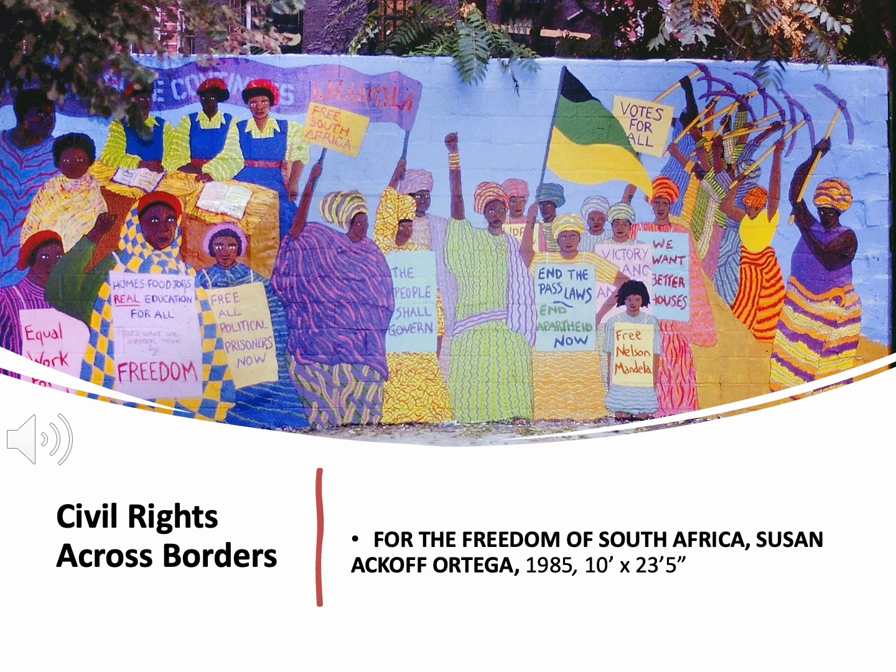The mural is a colorful celebration of South African women, mothers, students, and workers, depicted as frontline activists demanding freedom. The composition incorporates signs reading "End the Past Laws," "Free all political prisoners now," and "Free Nelson Mandela," alongside the rallying cries, "The people shall govern," and "Equal work for equal pay."